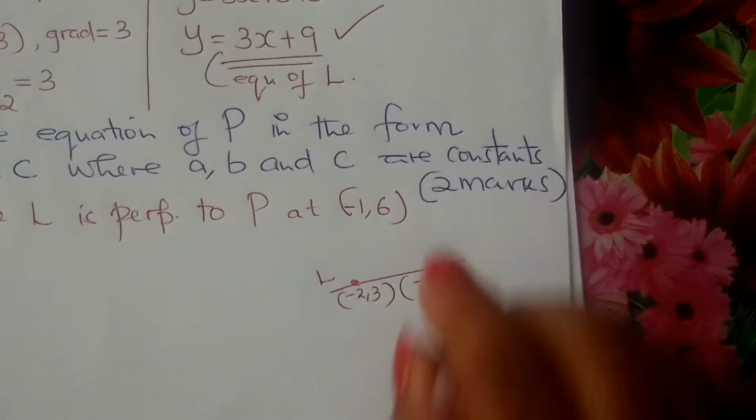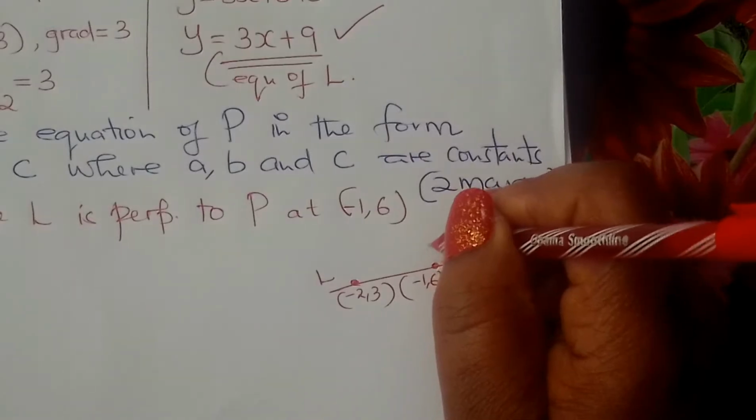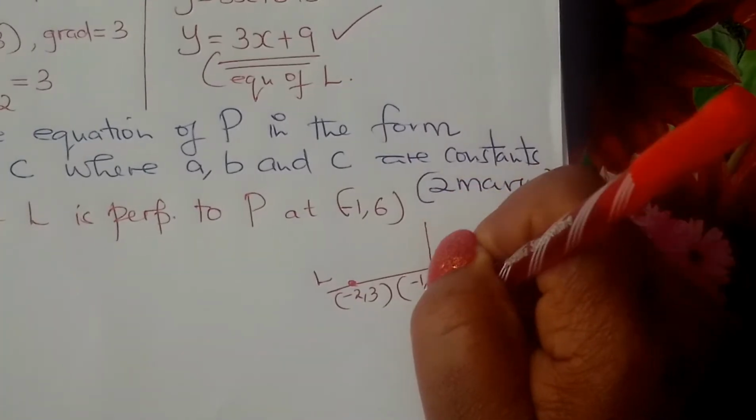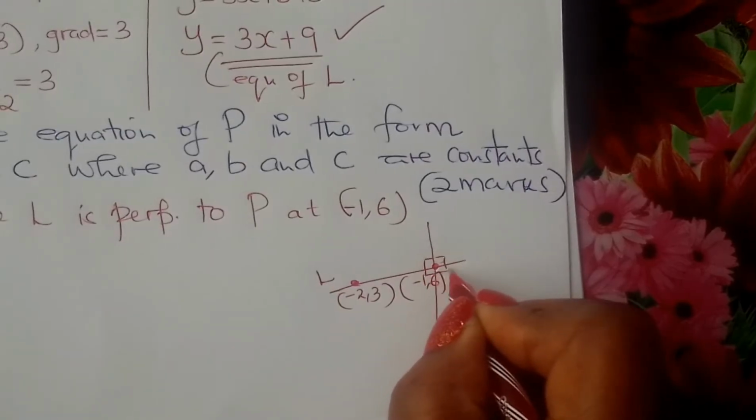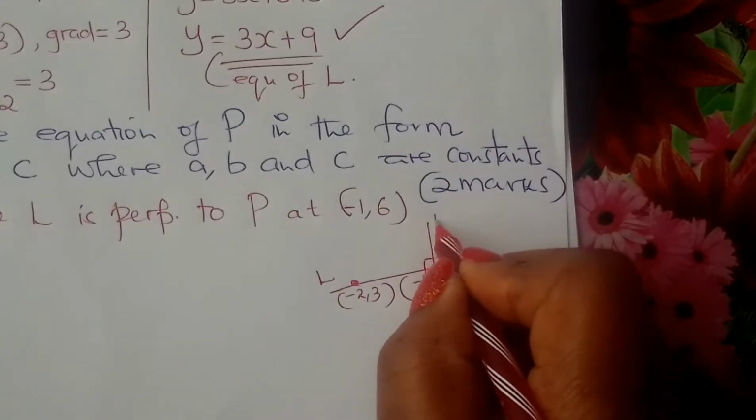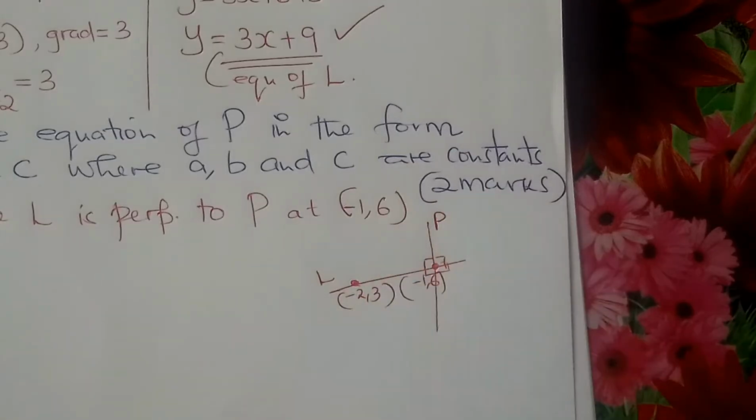We are now told that line L is perpendicular to line P at this point. They meet perpendicularly at this point here. So this is our line P, so they are perpendicular.